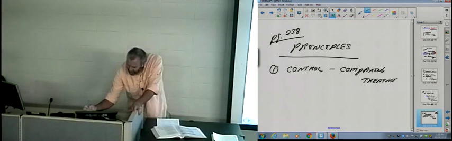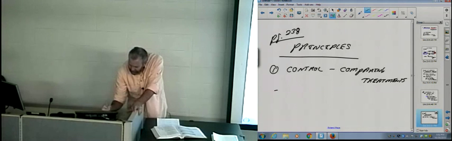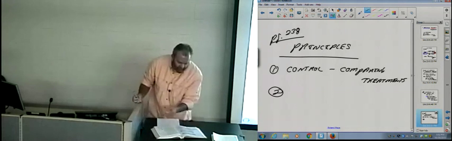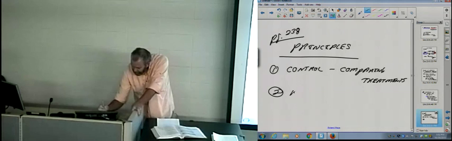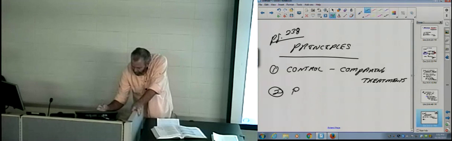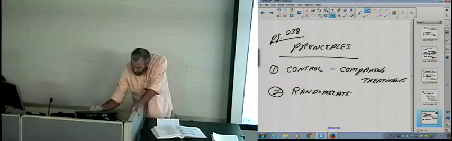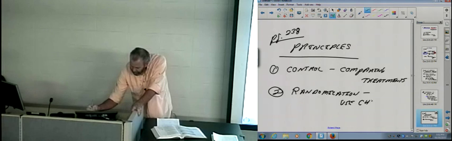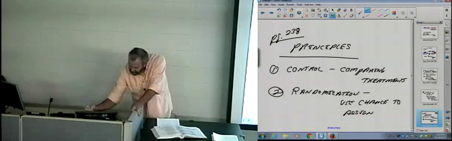Look, these 3 go right in line with the 3 I just wrote down. 2, randomization. Which means use chance to assign subjects.